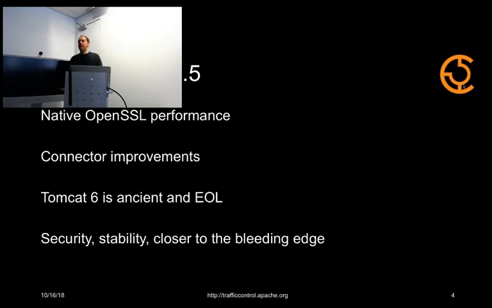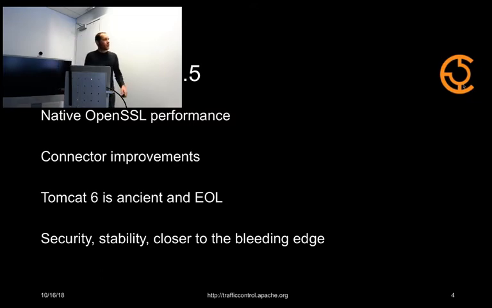With Tomcat 8.5, they've chosen to provide many more options for how to do SSL, one of which was the one that we chose, which is to use OpenSSL natively using Tomcat Native with APR and all of that native goodness that comes along with it.